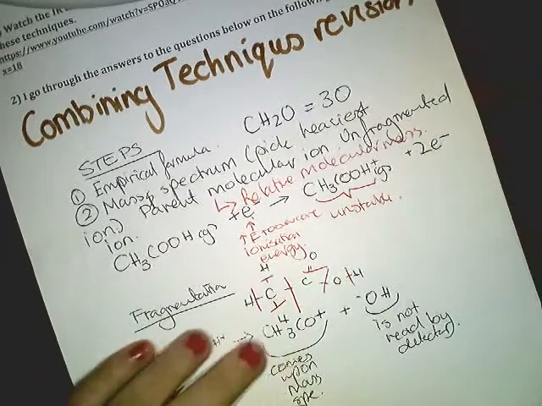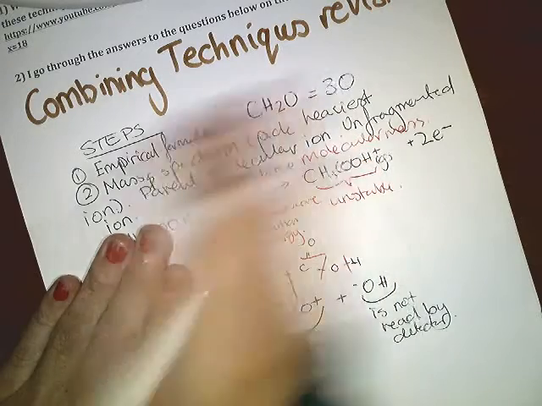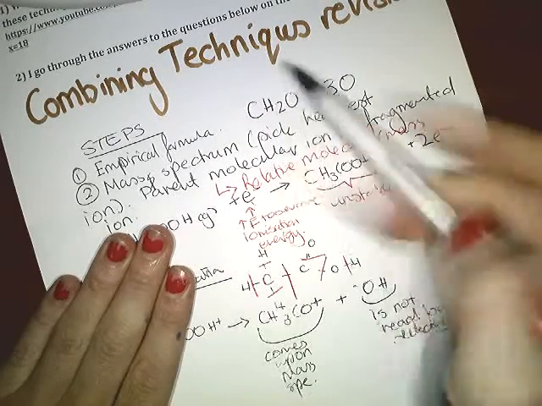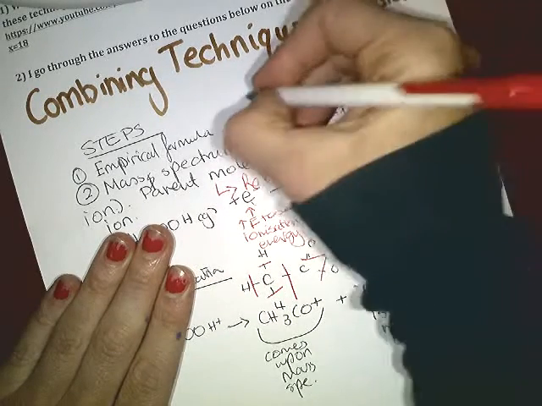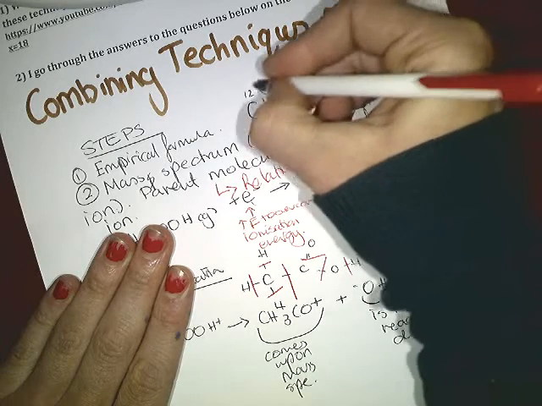Now you don't put grams per mole because remember, it's different for different isotopes. So we do count this as 12, and we do count this as 1, and we count this as 16 because they're the most common isotopes.